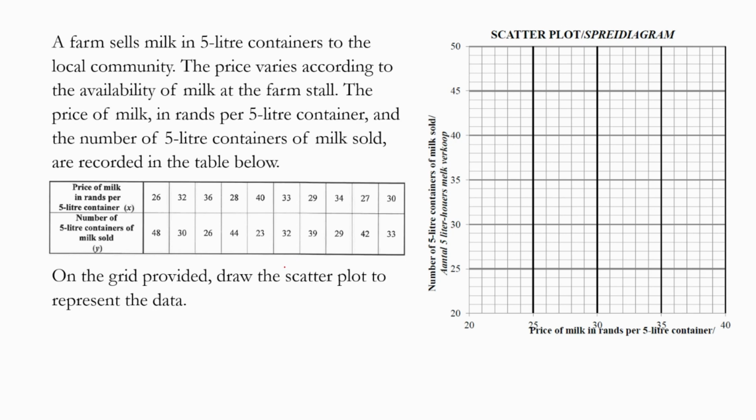A farm sells milk in 5-liter containers to the local community. The price varies according to the availability of milk at the farm stall.